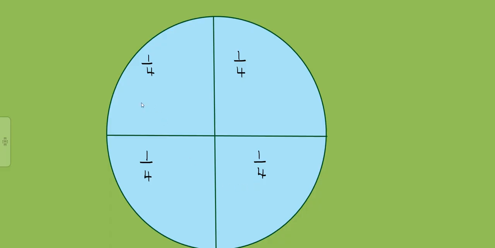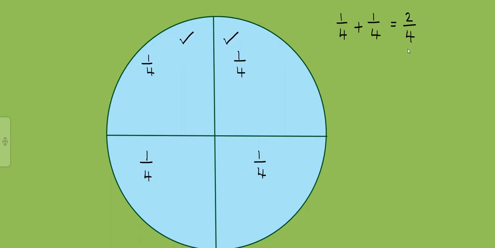So if I take this quarter and then I also take this quarter, I could say I've had a quarter plus a quarter, and so in total I've had 2 quarters.